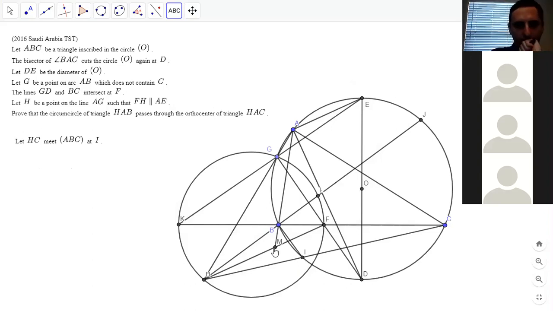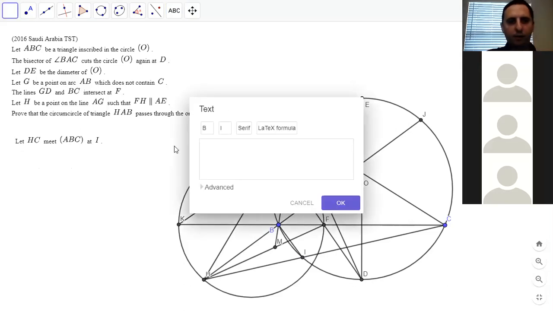So we want to show M is the in-center of HBI. Sorry, so let EG meet BC at K.